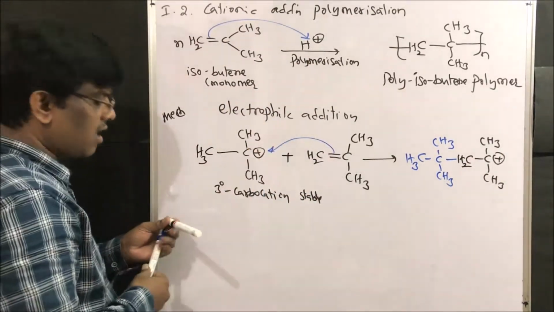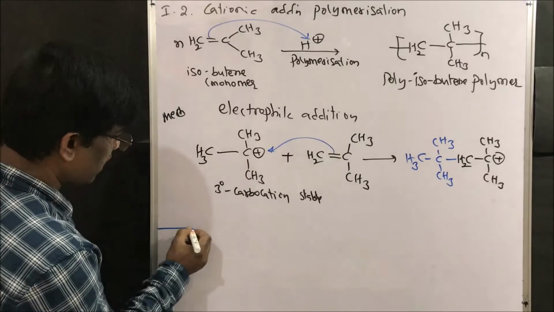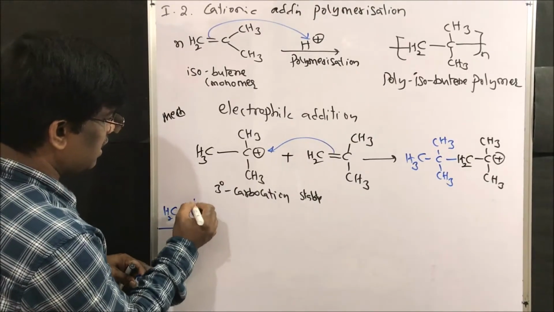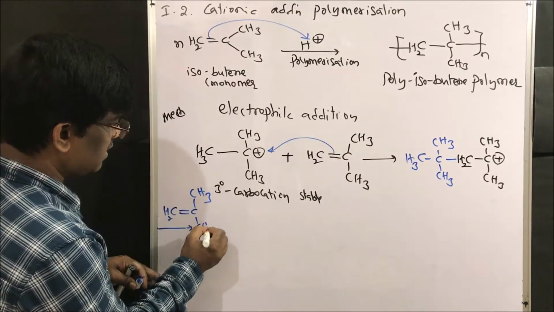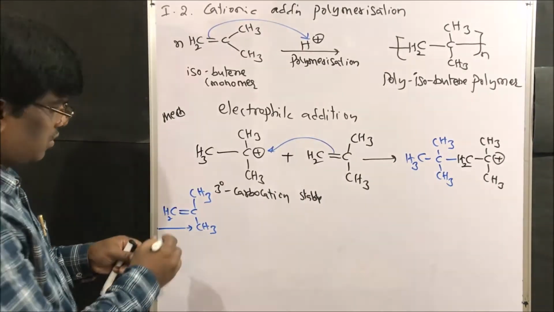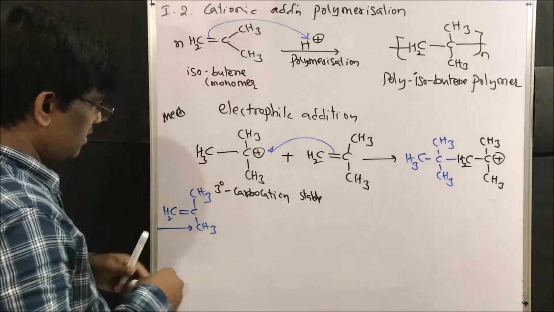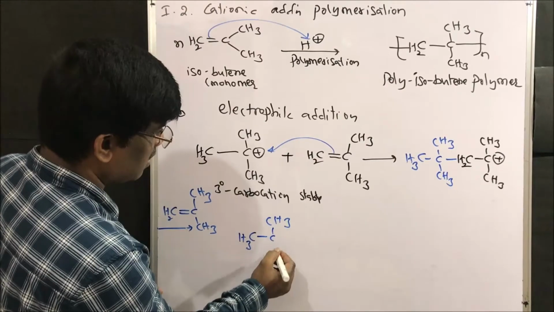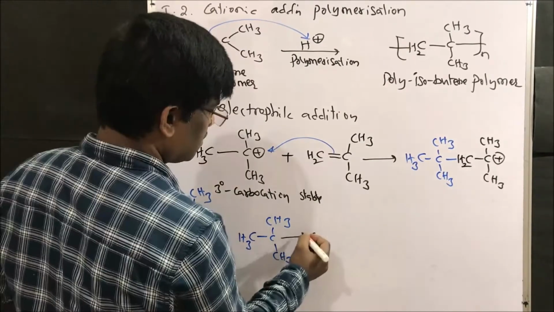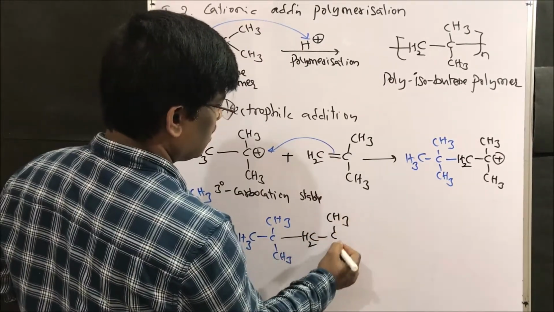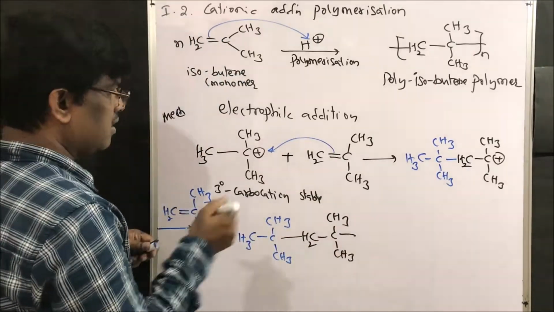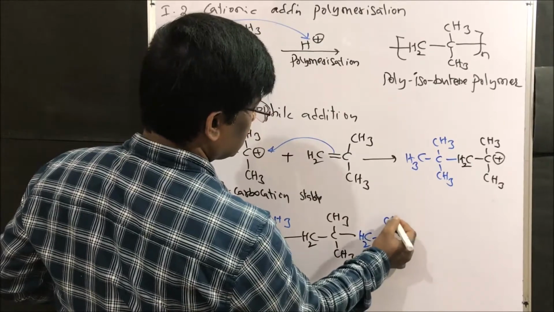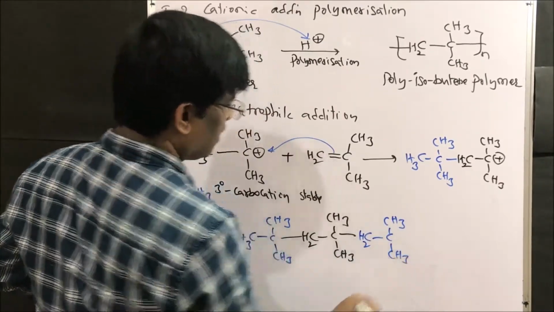So next, that carbocation also is going to react with another isobutene, CH3 and CH3, and give CH3, CH3, CH3, CH2, CH3, CH3, and so on.